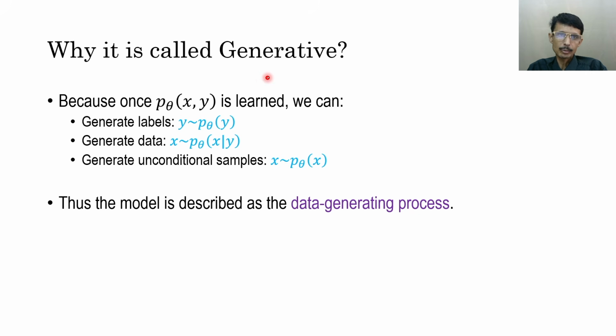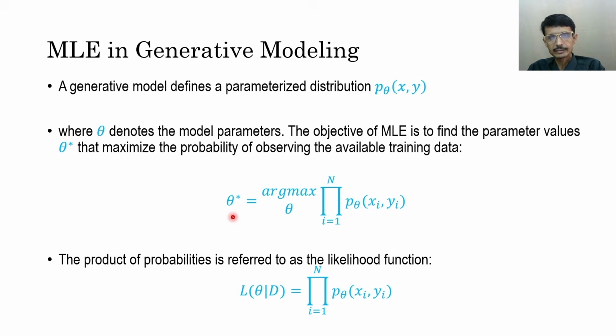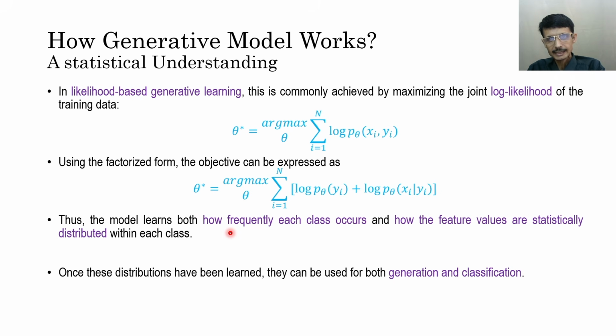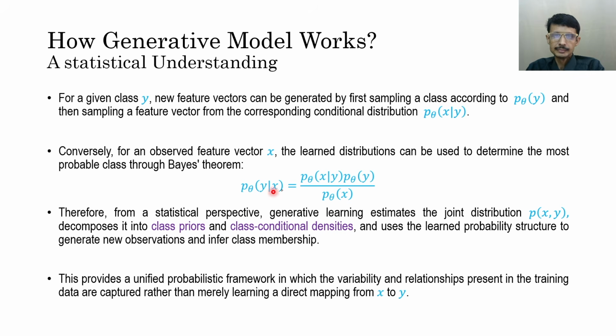Now, why is this process called generative? Because once p theta x comma y is learned, we can generate labels. We know the class prior probability and we can generate the data from p theta x comma y. These are the class priors and the class conditional densities.